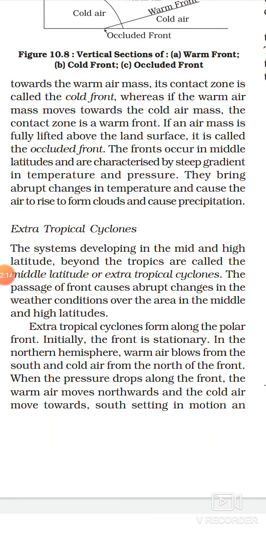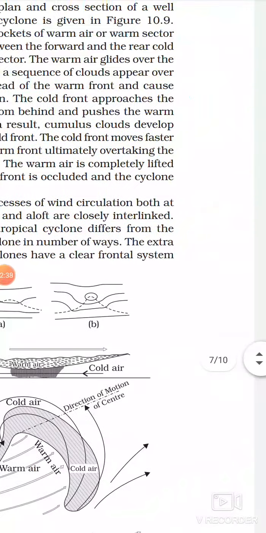When the warm air mass moves towards the cold air mass, the contact zone is called the warm front. If an air mass is fully lifted above the surface of land, it is called an occluded front. The fronts occur in the middle latitudes and are characterized by a steep gradient of temperature and pressure. They bring abrupt changes in temperature and cause the air to rise, form clouds, and cause precipitation.